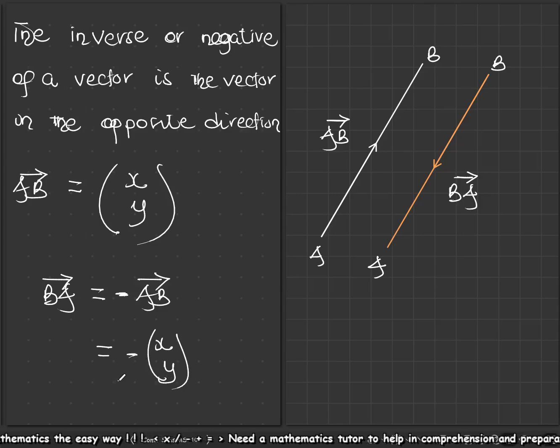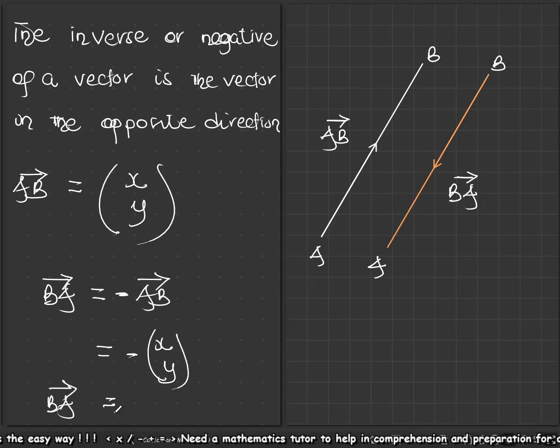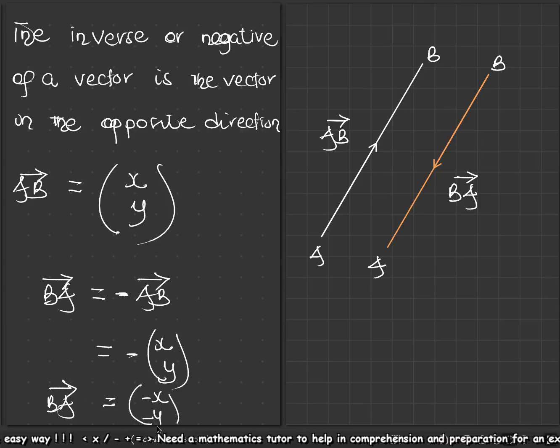Hence, negating it would then mean that our negative vector, that is from B to A, is going to be negative x, negative y.